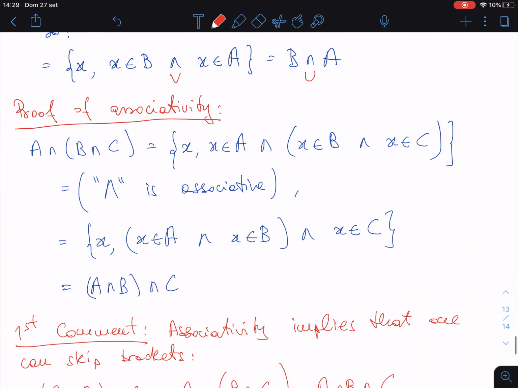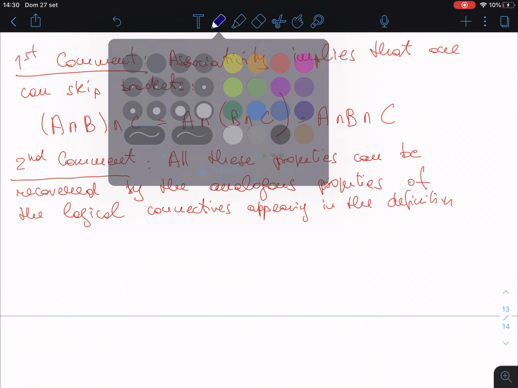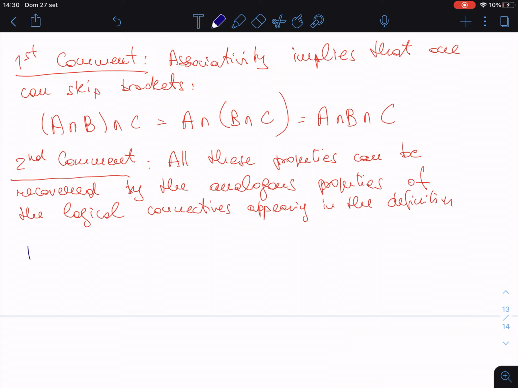But of course there is another property, which is the distributivity of union and intersection.